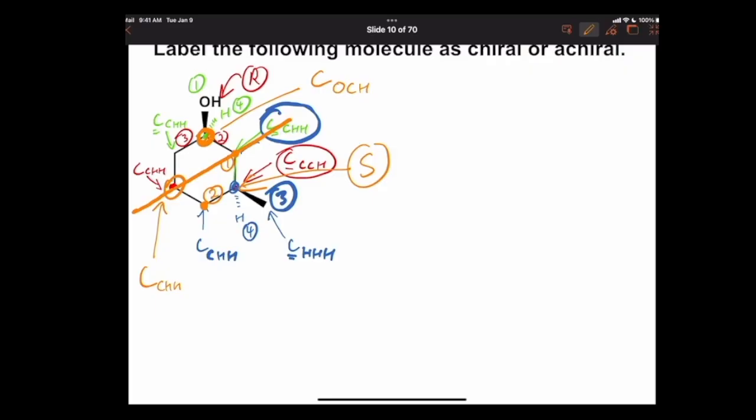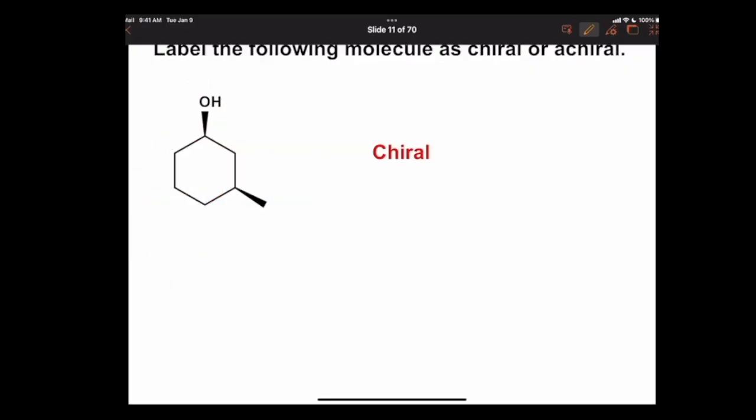How would you name this? So let's start at the root. Biggest carbon chain, how many carbons are in the longest carbon chain in this molecule? 6. So it is a hexane, but it's not just hexane, it is a cyclohexane.